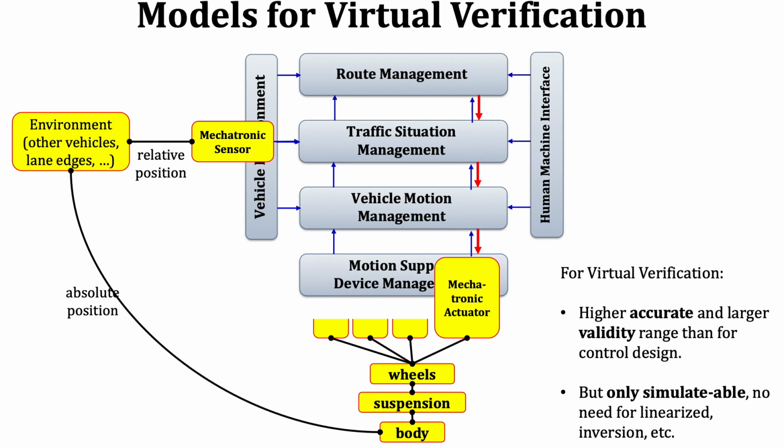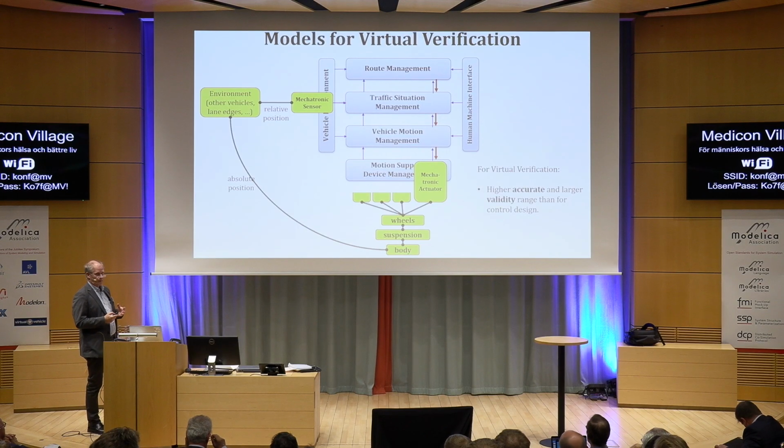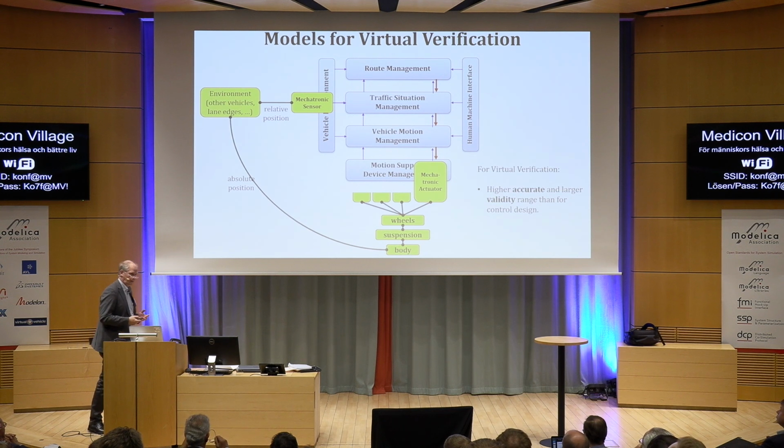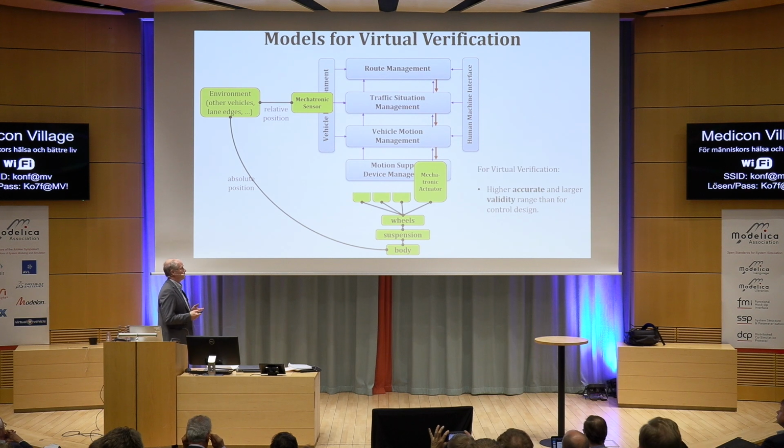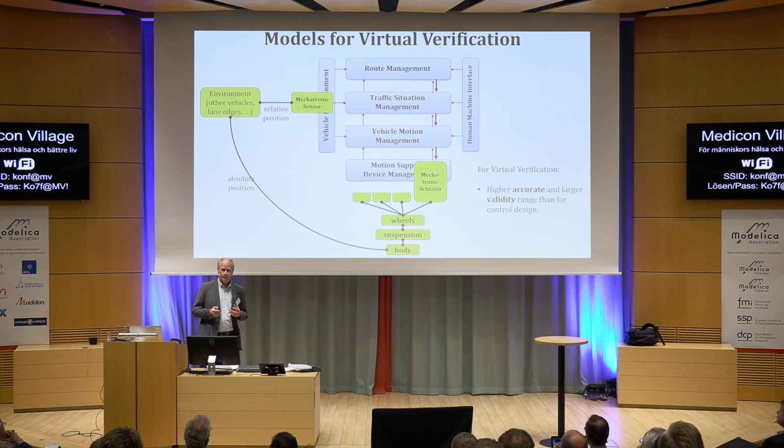And I would say that when you look at the models used for control design up here, and then look at what you need for the corresponding part, the motion up here is represented down here with a similar model. And I would say that in this part, the yellow part, you need higher accuracy, and also a higher validity range.